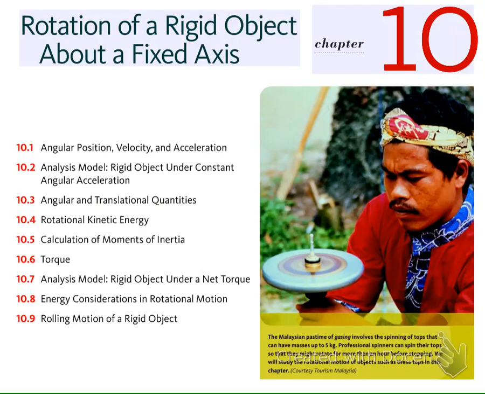In this chapter 10, the rotation of a rigid object about a fixed axis, we will talk about the rotation of a rigid object.